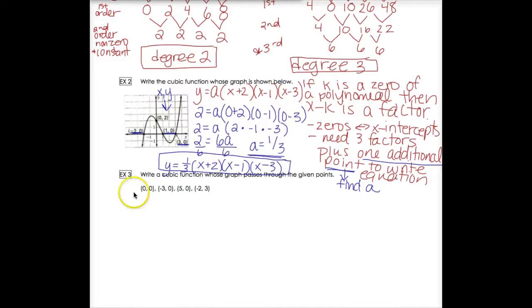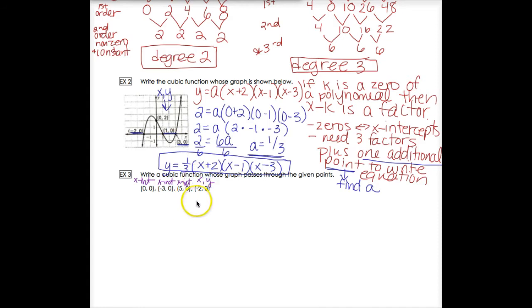All right. Next, also writing a cubic function, but this time it just says it passes through the given points. Well, if you notice, 3 of the points that I'm given are x-intercepts. So this is exactly the same as example 2, except that instead of the picture, they just gave you a list, because now this is my extra point.